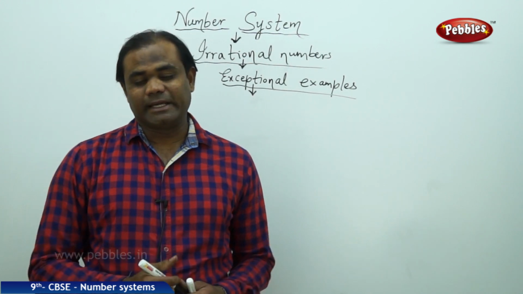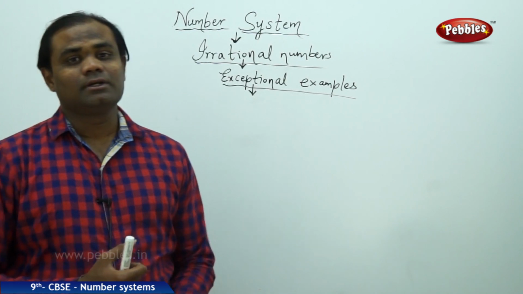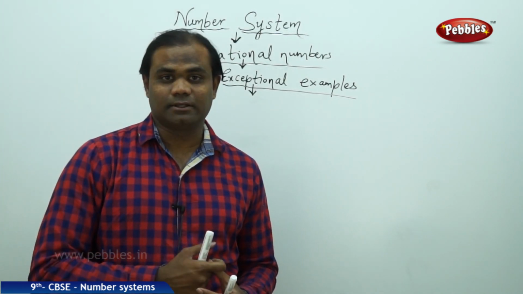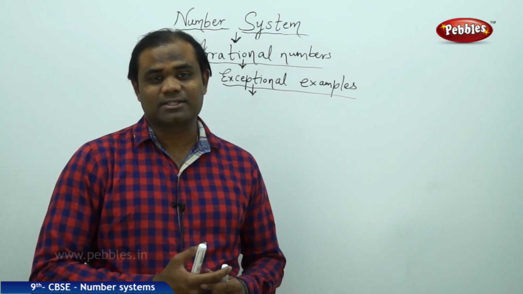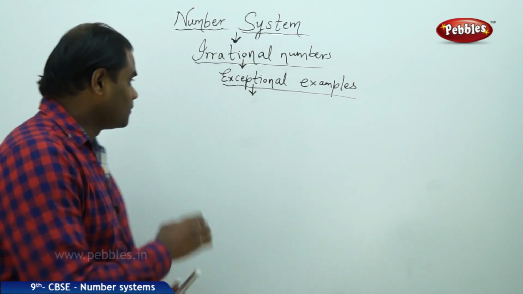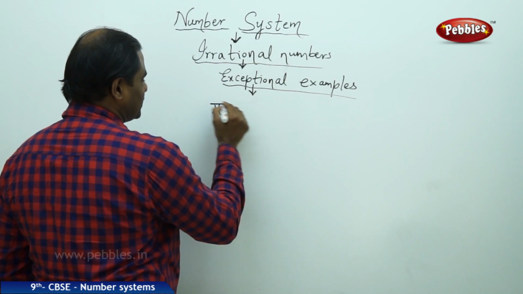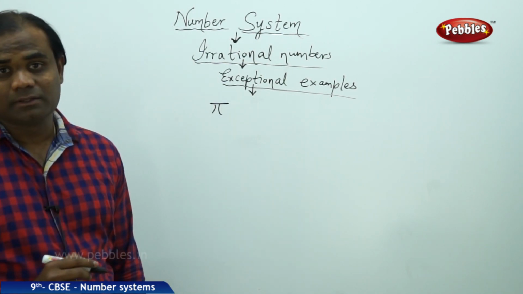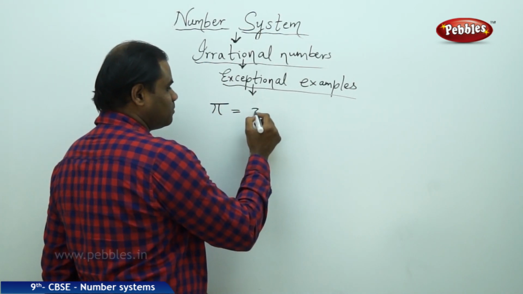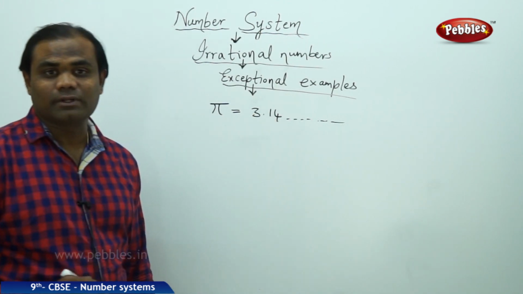To continue with the examples, this session deals with the exceptional irrational numbers which we identify in the branch of mathematics. So let's see what these exceptional irrational numbers are. For example, I take the most popular mathematical symbol, which is pi. We all know that pi has a specific value, that is 3.14, and it continues forever without ending.